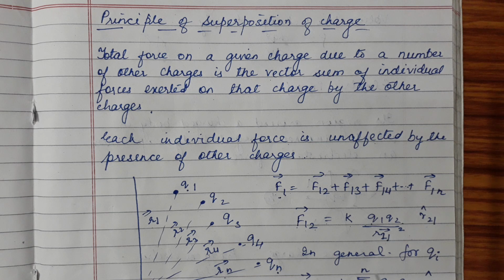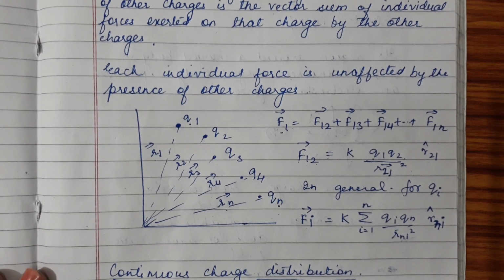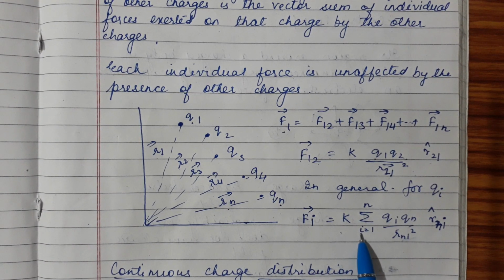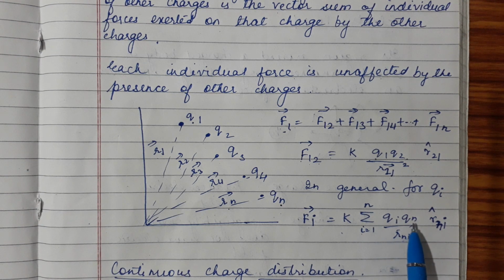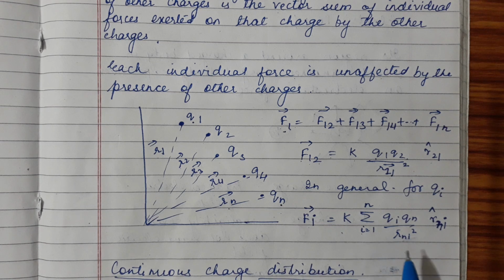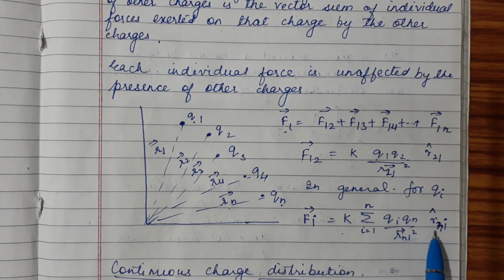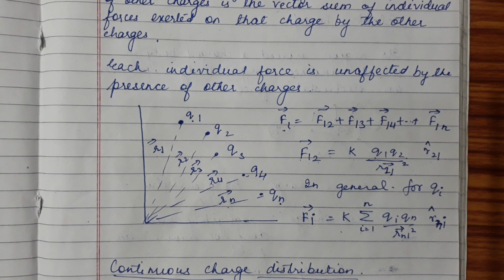How can we write the general equation for any charge Qi? We can write Fi = K Σ (i from 1 to n) Qi Qn / rni² r̂ni.